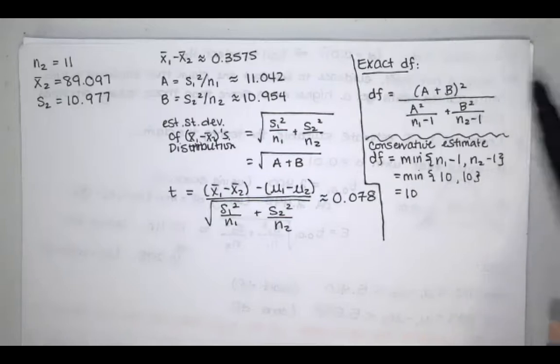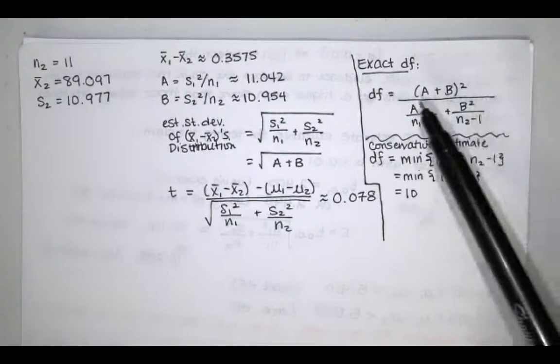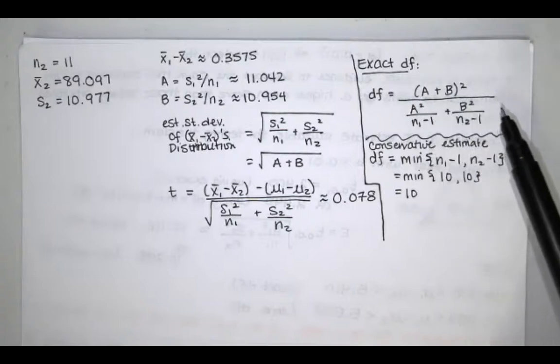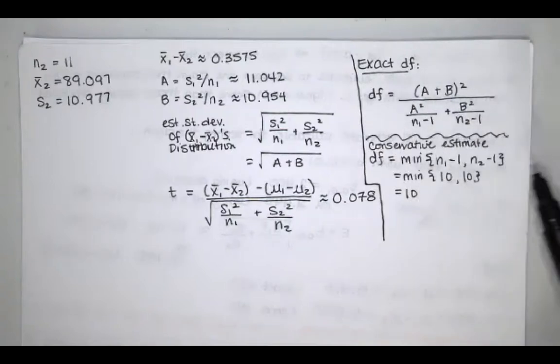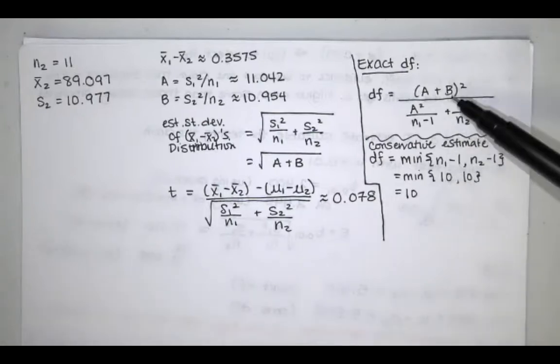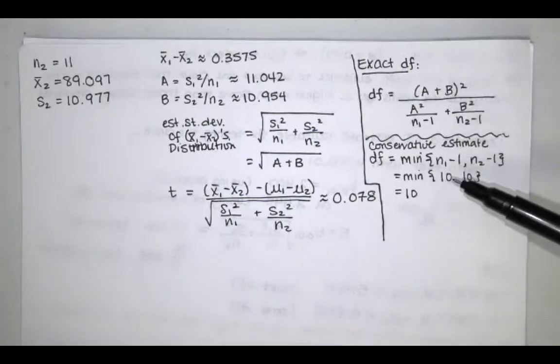This is more accurate, so I prefer to use this when I can. And since we're finding a p-value, we're going to have to use technology anyway. So I think I would rather use technology to get an exact answer for the degrees of freedom rather than using this conservative estimate. What I think we'll do in this video, though, is show you how we can use both of these to get different p-values, and you'll see how similar the p-values are, even though the degrees of freedom might be very different.